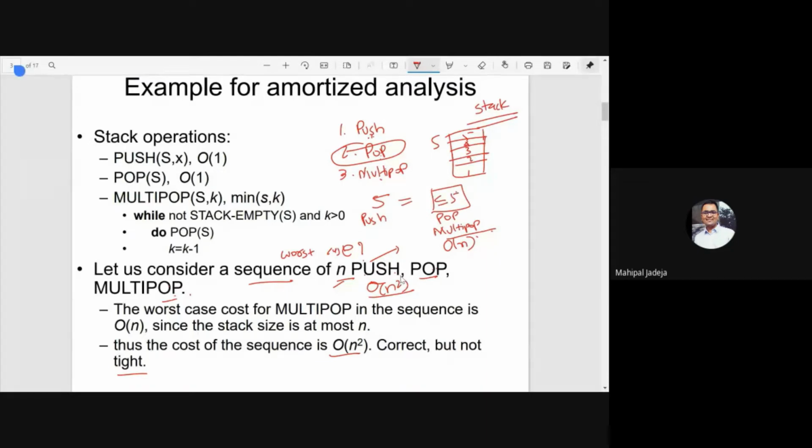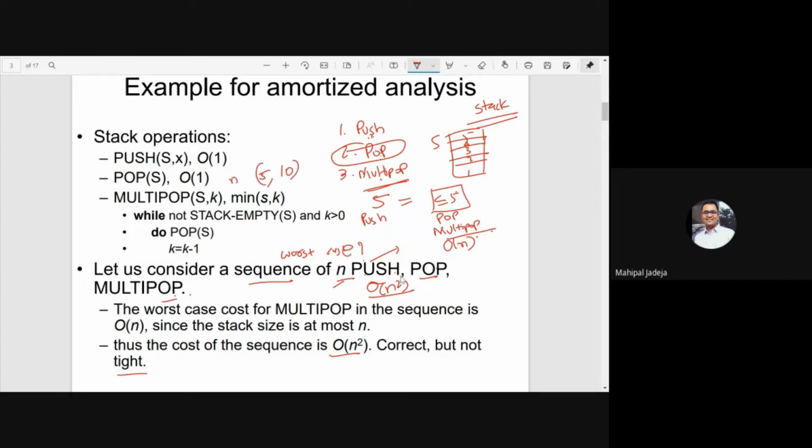What can I say about multi-pop? Let's see it formally. Your stack is s, and one parameter is given which is k, and the operation works on minimum of s comma k. Why minimum of s comma k? It may be possible that you are telling it to pop 10 elements, but your stack contains only 5 elements.